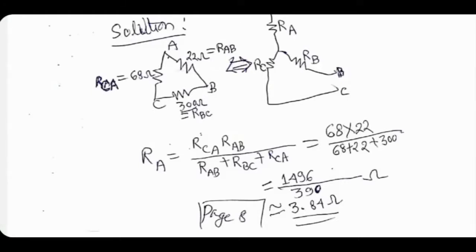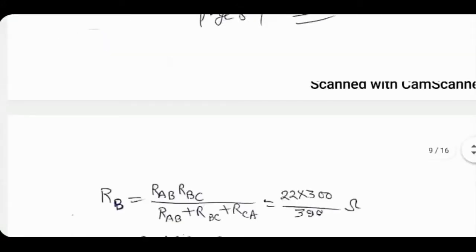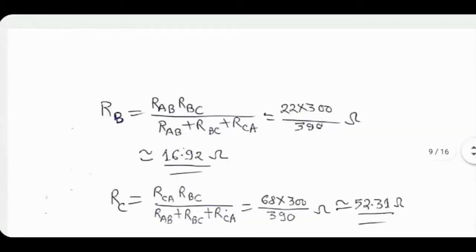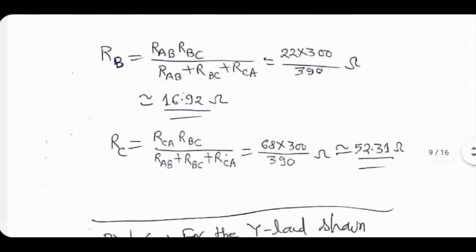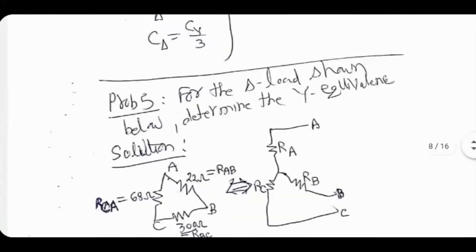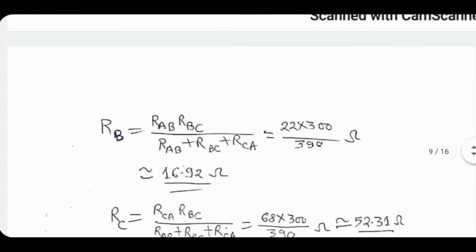Please double check my calculations. That's always your responsibility. RB is RAB, RBC divided by the summation of the 3. We get 16.92 ohm approximately, and RC is 52.31 in a similar manner.